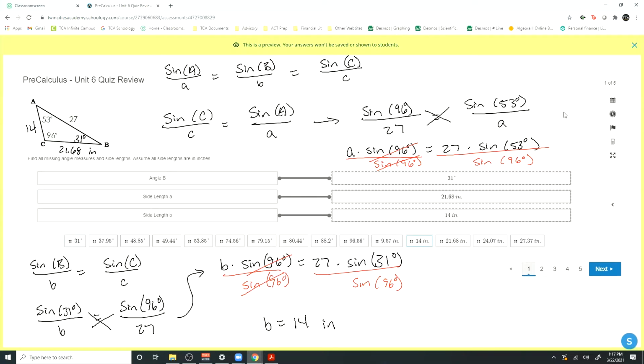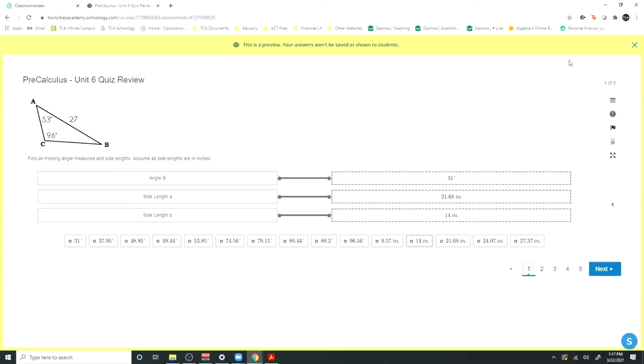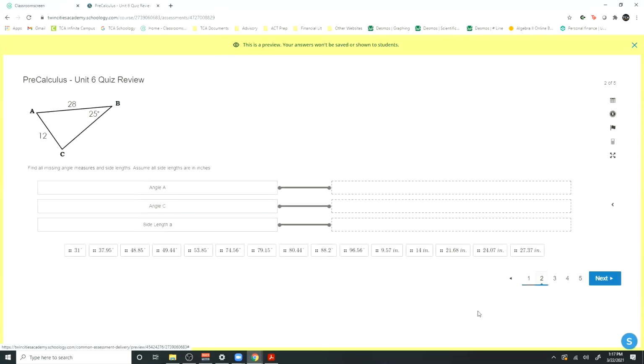Okay, let's move on to the second one. Clear this here. And number 2. For number 2, I'm given another triangle. The following information is known.